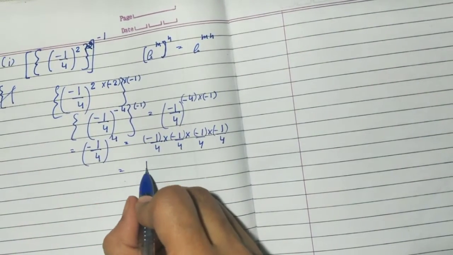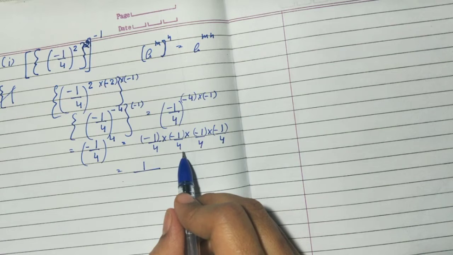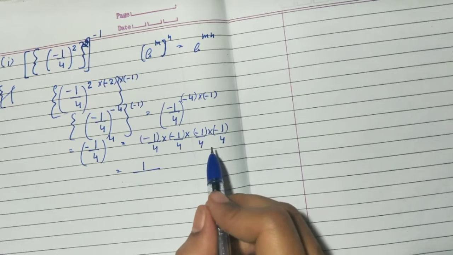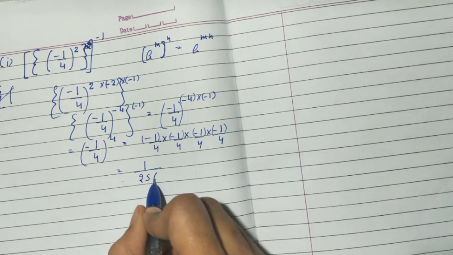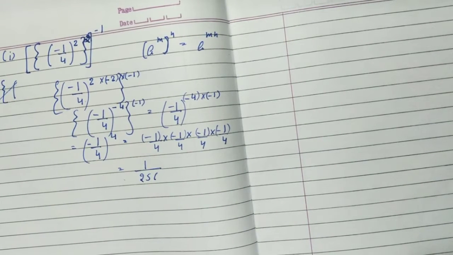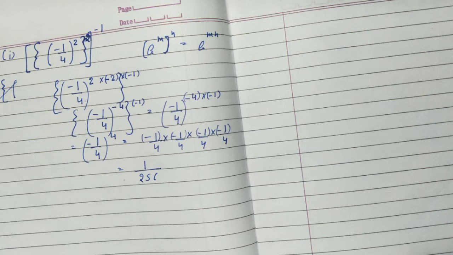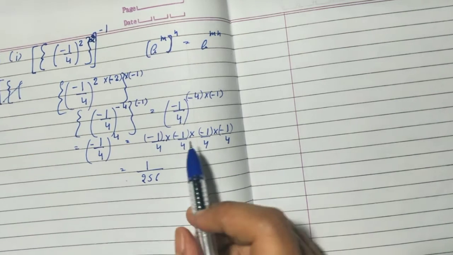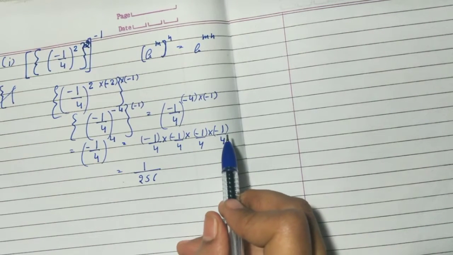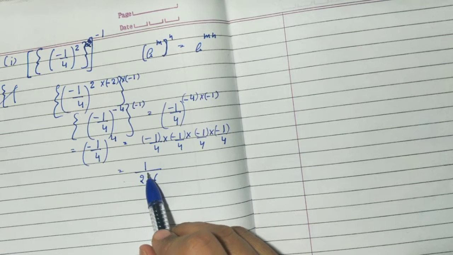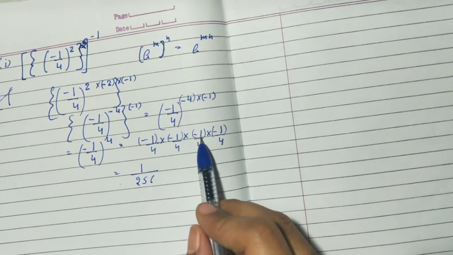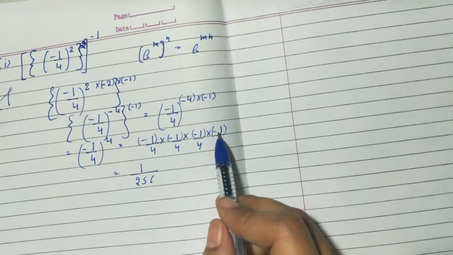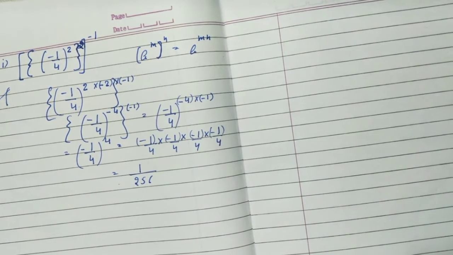Then we will get 1/4 to the power 4: 4 fours are 16, 16 fours are 64, and 64 fours are 256. You will get your answer as 1/256, because a negative number multiplied an even number of times gives a positive answer. Minus into minus is plus, into minus is negative, then into minus again, you will get a positive answer.